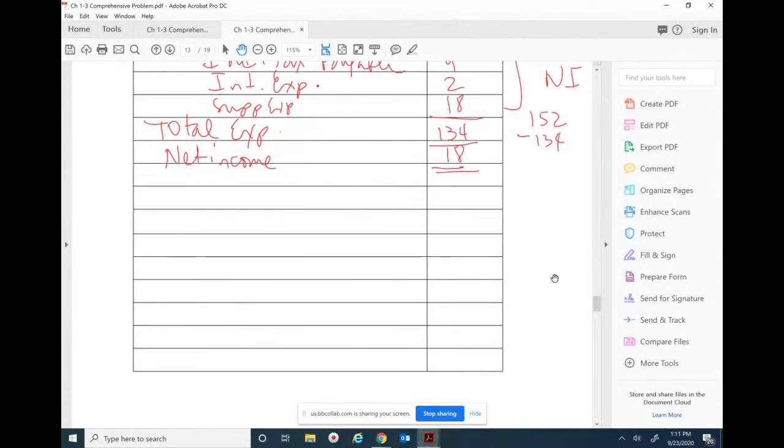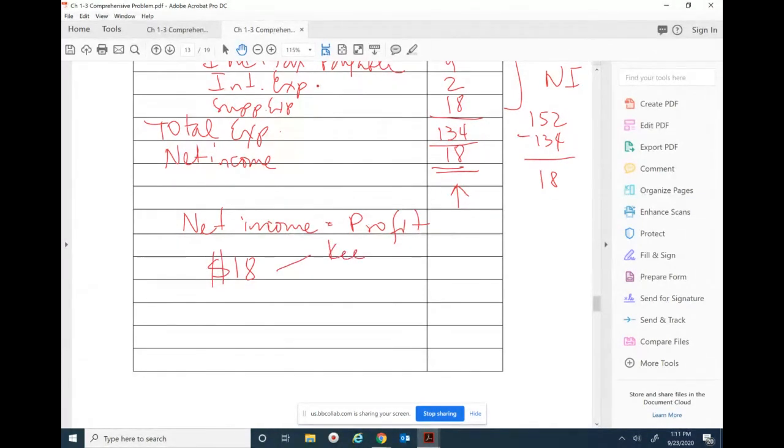So just like we studied in chapters 1 and 2, when the income statement is prepared and we determine that the company is profitable, so in this case, net income equals profit, because revenues of 152 are higher than expenses of 134 by 18, we need to decide, or the company rather needs to decide, what would they do with the $18?